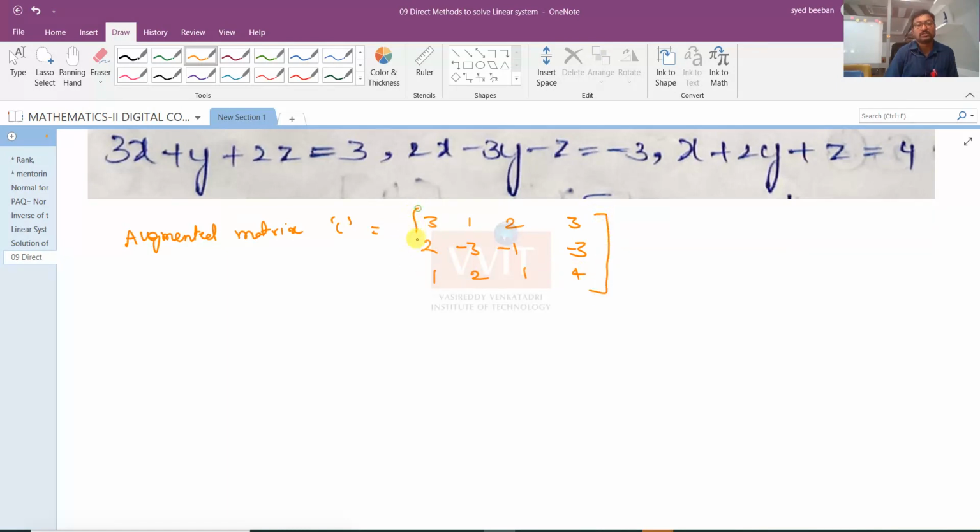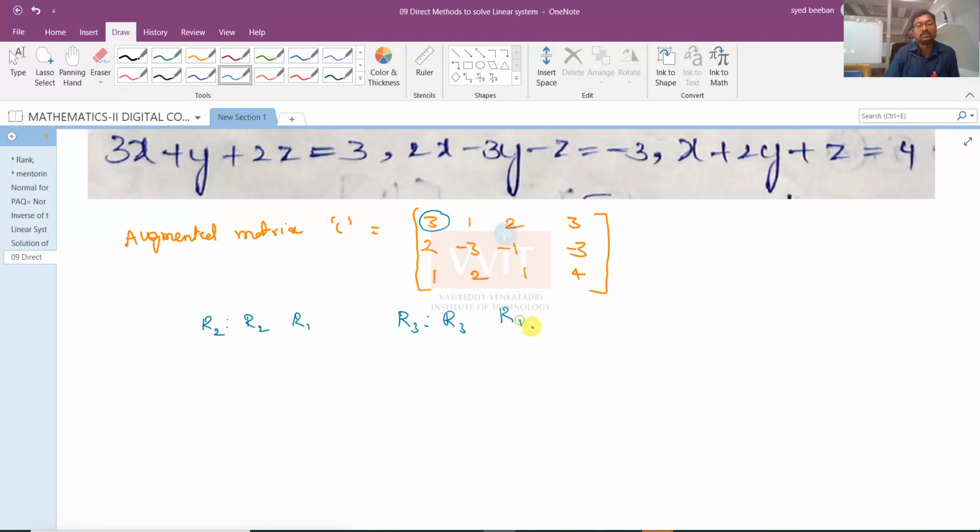This is the augmented matrix. Now what I need to do is, using the first principal diagonal element, update below and above, if they exist. Above there is no element, so I need to update only row 2 and row 3: row 2 with the help of row 1, and row 3 with the help of row 1.